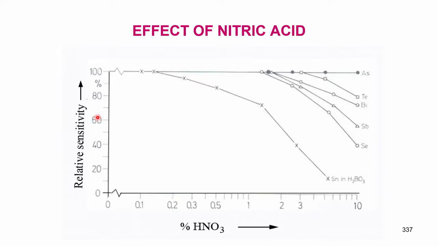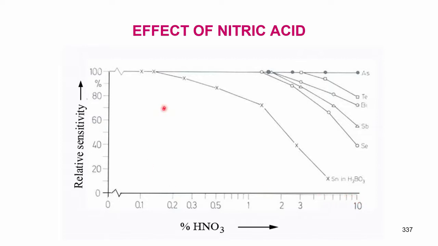So, what is the effect of nitric acid? You can see here I have plotted relative sensitivity, for approximately 1 ppb, 1 part per billion, chemical analysis of arsenic, selenium etc. What we have done is increase the acidity from 0.1, 0.2, 0.3, 0.5, 1, 2, 3 and 10 percent, not normal.